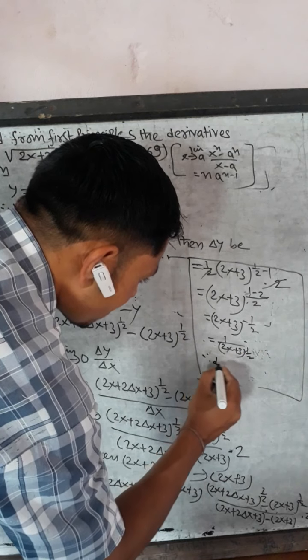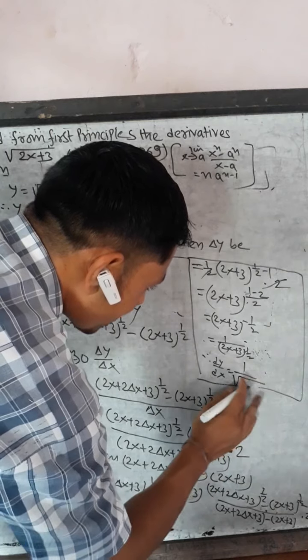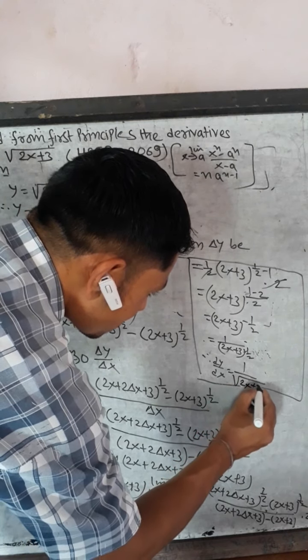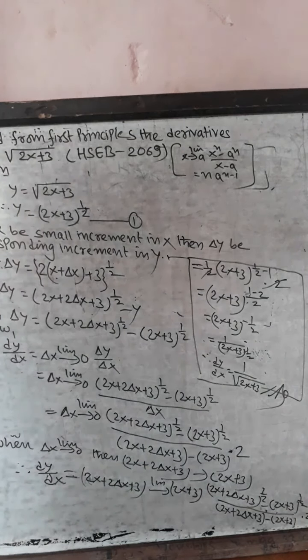So therefore dy by dx is equal to 1 by root 2x plus 3. That is the required answer. This question was from HSCB 2069, which we have solved just now.